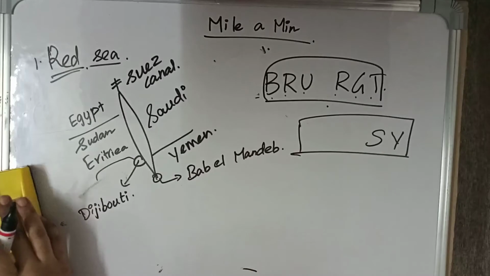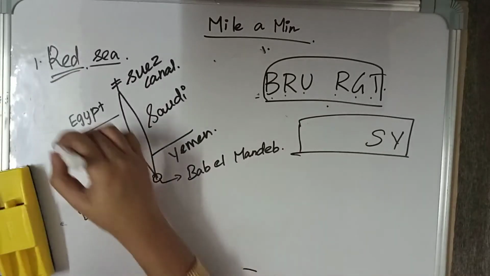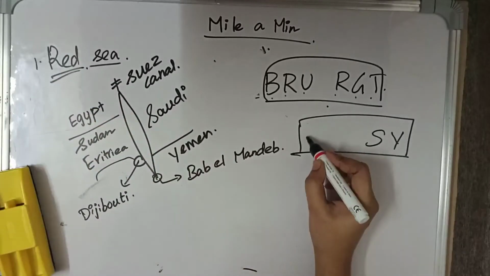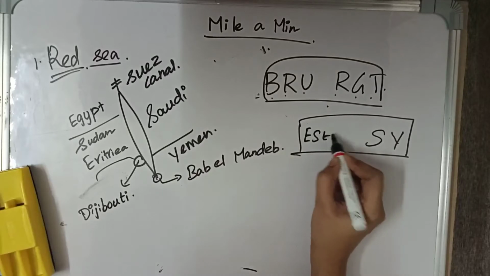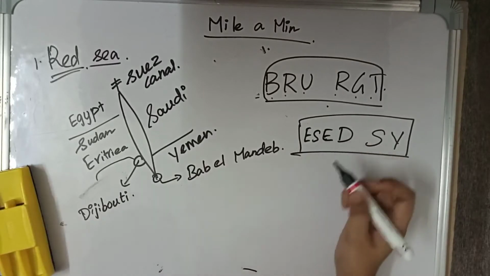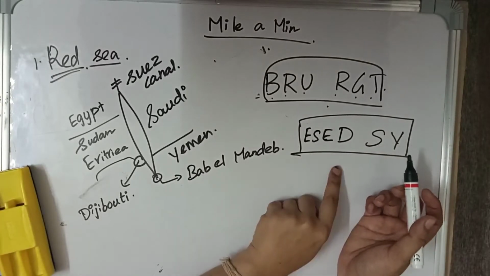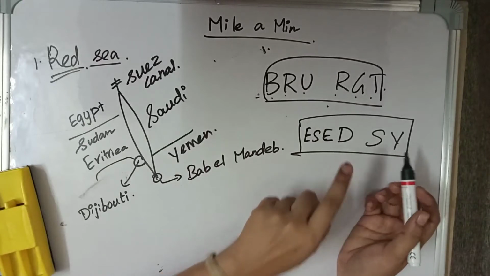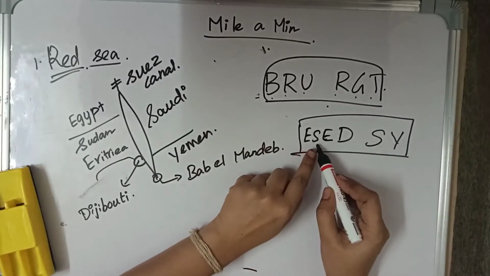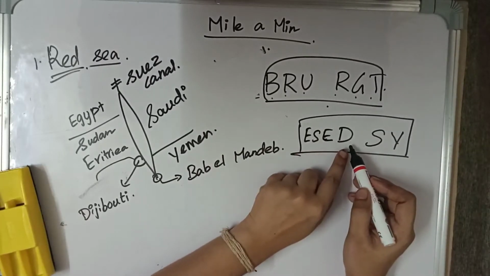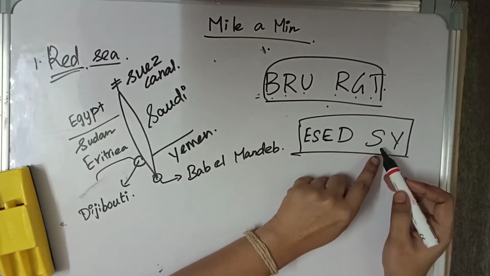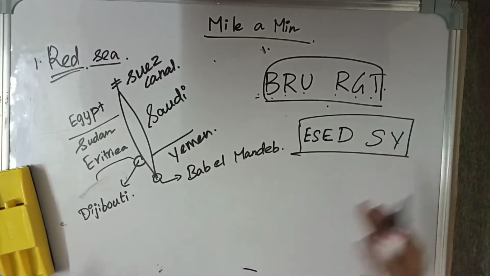These are the four African countries that share border with Red Sea: ESED. So for Red Sea, the acronym is ESEDSY. Egypt, Sudan, Eritrea and Djibouti, and on the Asian side we have Saudi Arabia and Yemen. So Red Sea is completed.